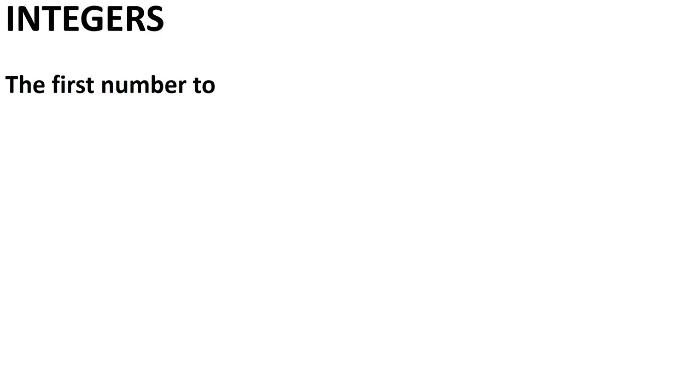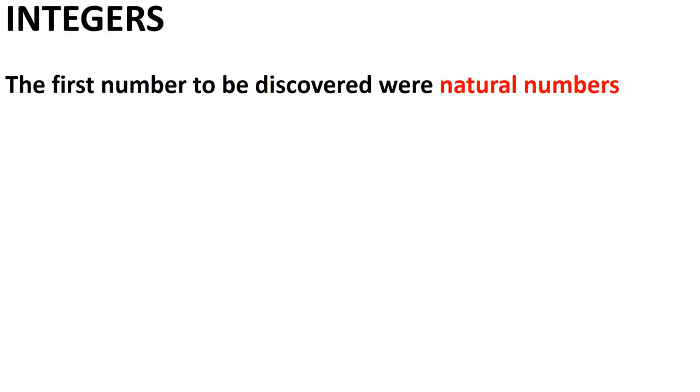The first numbers to be discovered were natural numbers. You all know that counting numbers are natural numbers, that is 1, 2, 3, 4 and so on. These are the first numbers that were discovered.